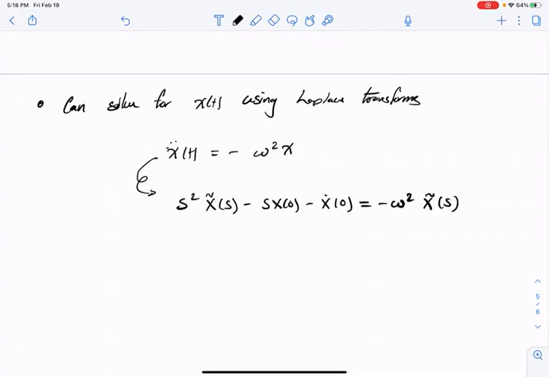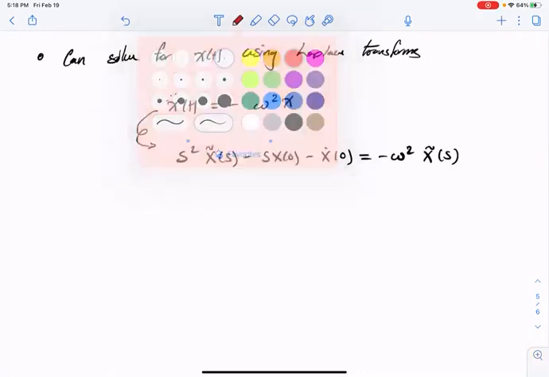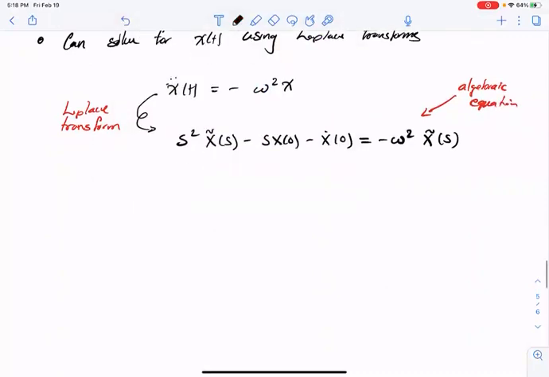And now I have turned an ordinary differential equation into an algebraic equation. Hence the great utility of Laplace transforms.